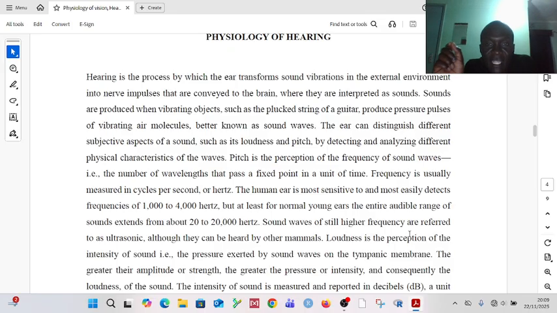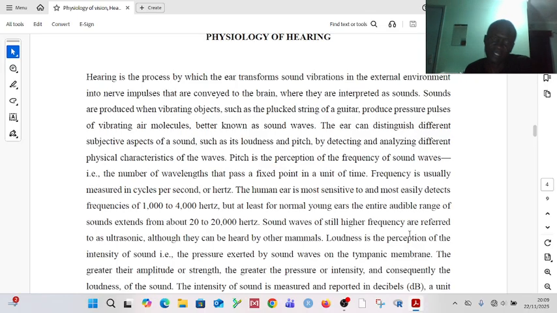Then it is your brain that will now interpret them as sound. Okay? So it was just a vibration in the environment, but it was picked up, it was transformed. Then it was relayed or conveyed to the brain, and now the brain has interpreted them. Okay? So interpretation ni kazi ya brain.